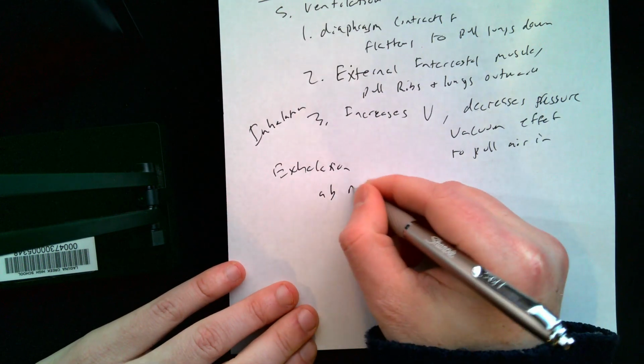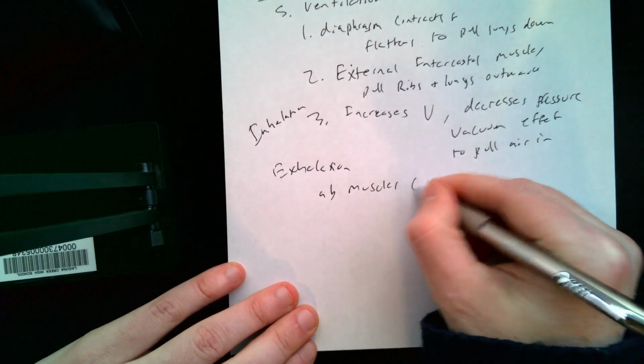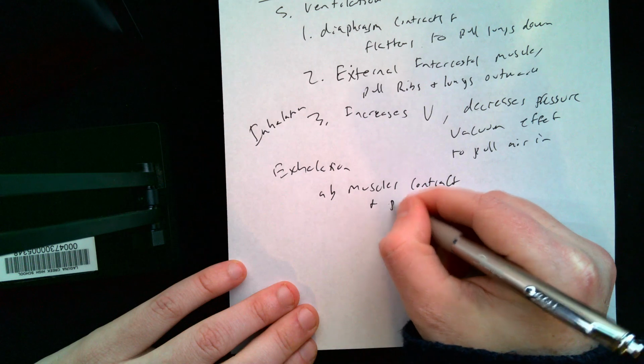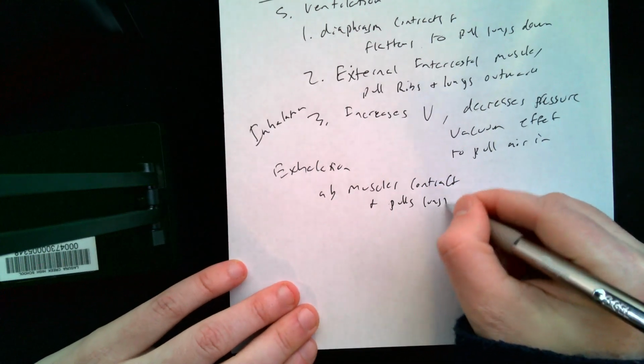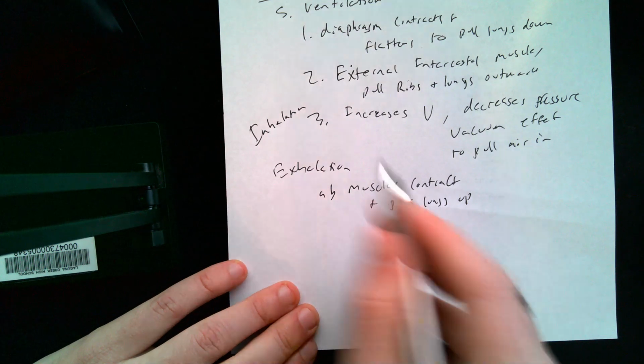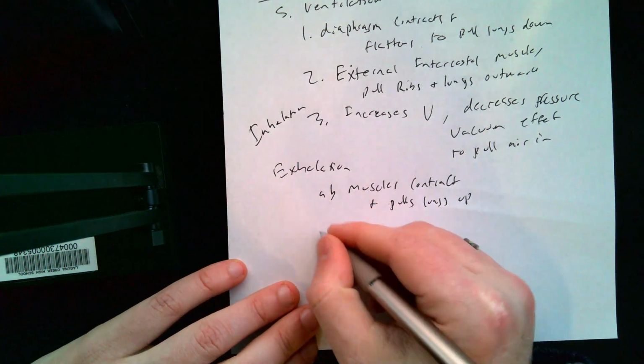Your ab muscles contract. All of your muscles work in pairs and pull the lungs up. So that one must work opposite the diaphragm. So if this is contracted, the diaphragm must be relaxed.